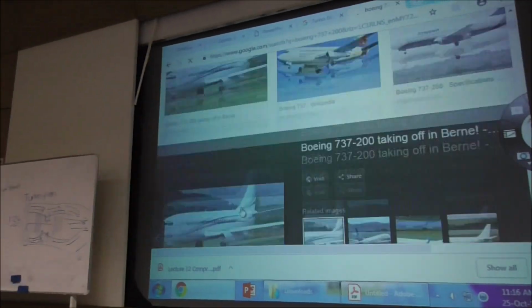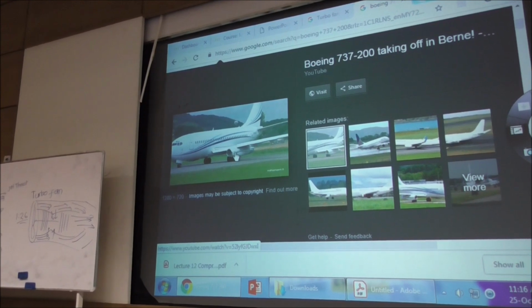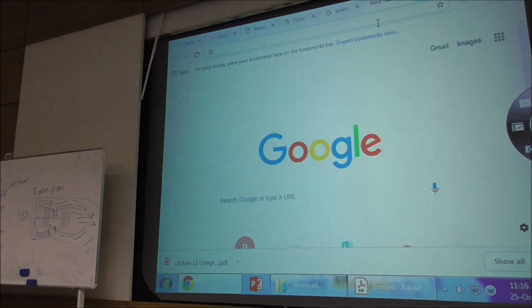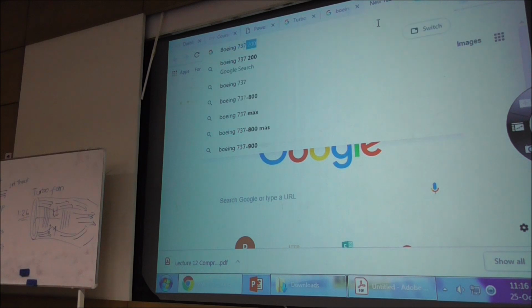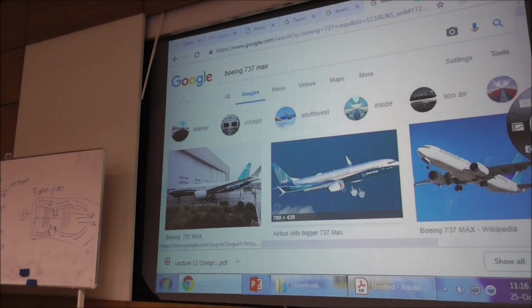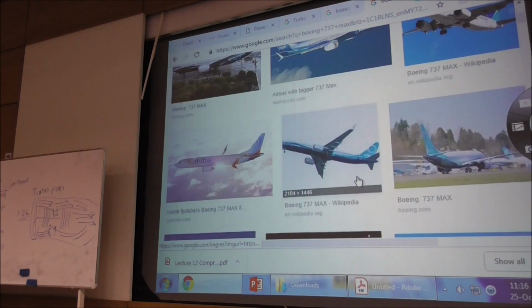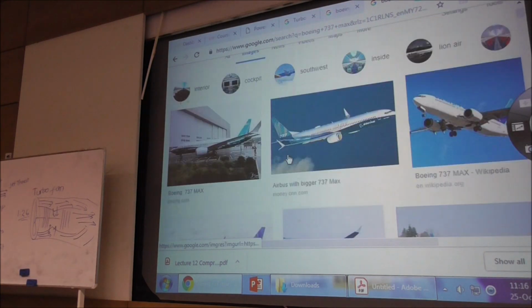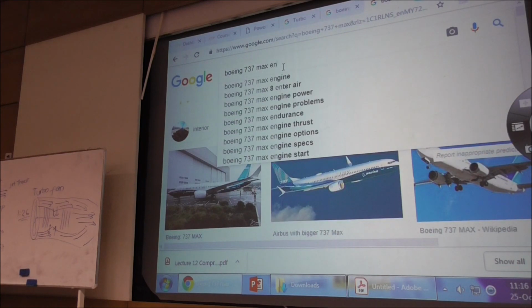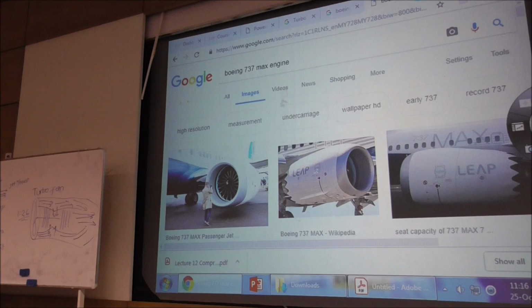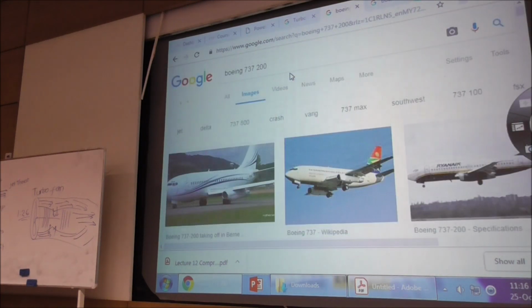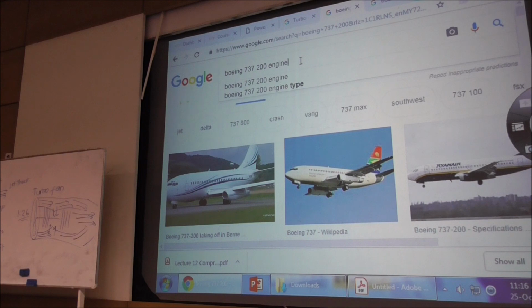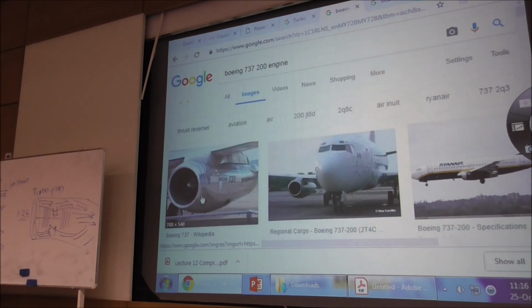Okay, if you see the Boeing 737, this is the engine. And then if you see the newest aircraft, you will see the engine is different. The engine is bigger. Right, this is your engine, but for this Boeing the engine is smaller.